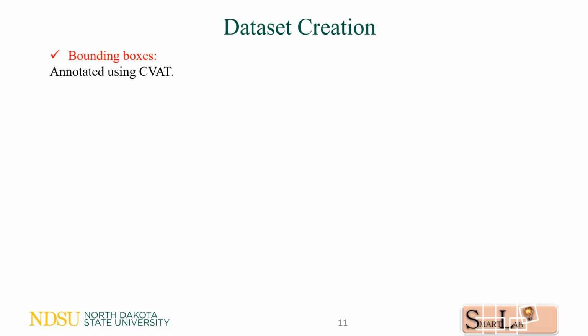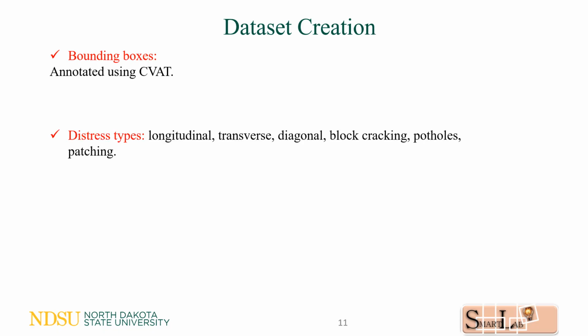For the annotations, we first annotated the distresses using bounding boxes, using the CVAT annotation tool. For the distress types, we considered longitudinal cracking, transverse cracking, diagonal cracking, block cracking, potholes, and patching.